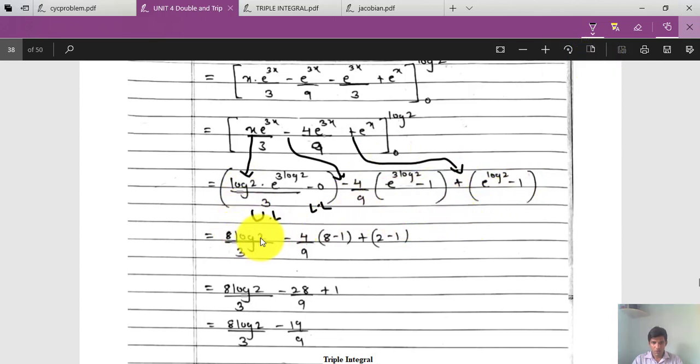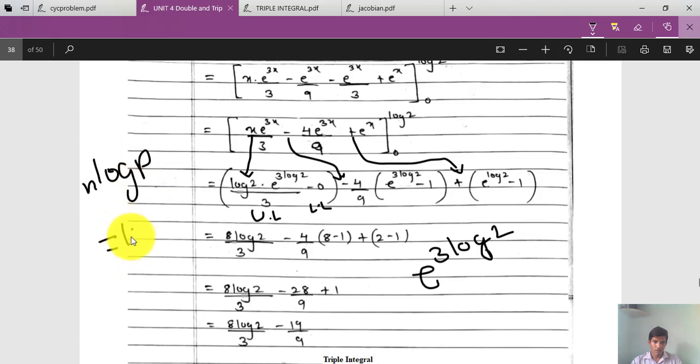Now see here, log 2 I can write as it is, but e raised to 3 log 2, let me write this. What is n log p?